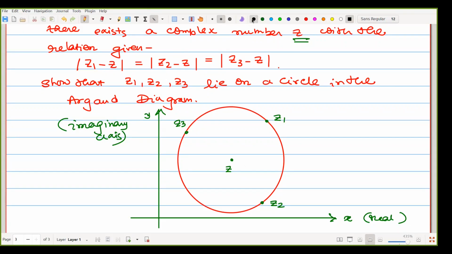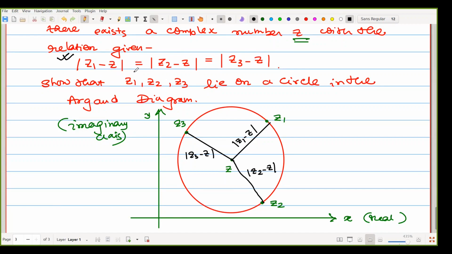Now if we draw the distance between Z and Z1, then the value is originally modulus of Z1 minus Z. If we draw the distance between Z and Z2, then its distance is modulus of Z2 minus Z. And the distance between Z3 and Z is Z3 minus Z. Now look at the relation given.